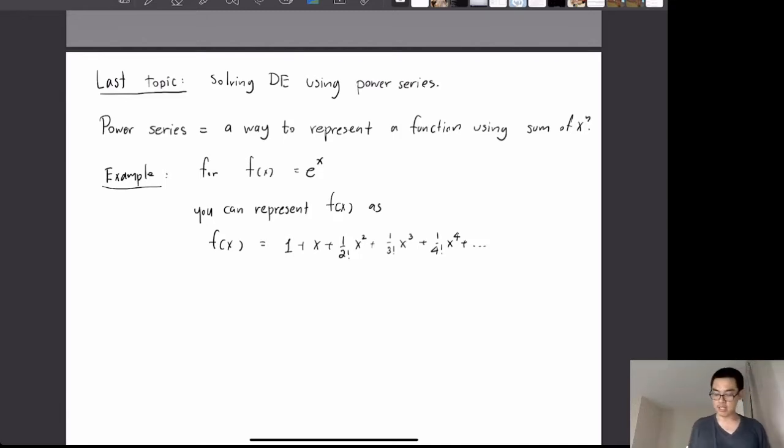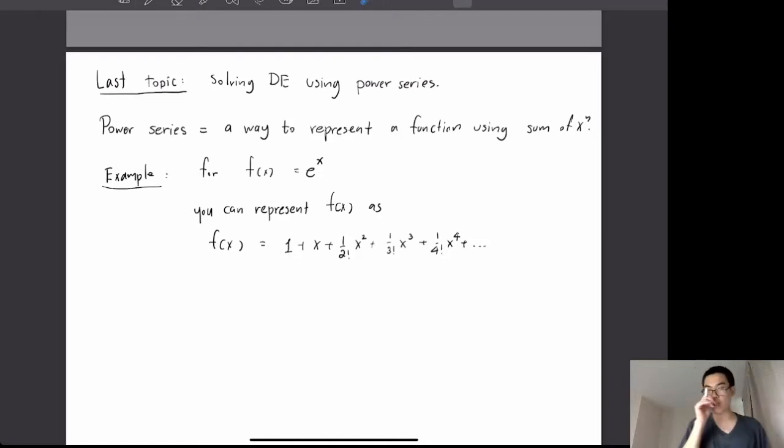This is sometimes called Taylor series, or even better, Maclaurin series. If you want to review, you can go back to review power series, Maclaurin series, and Taylor series. Today we're not going to talk much about that. We're just going to focus on how we find it.